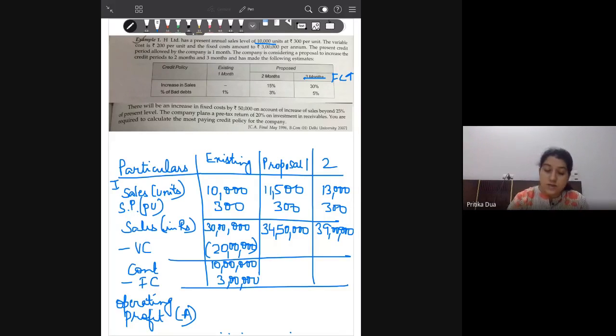So in the first case, the operating profit is coming to 7 lakh rupees.